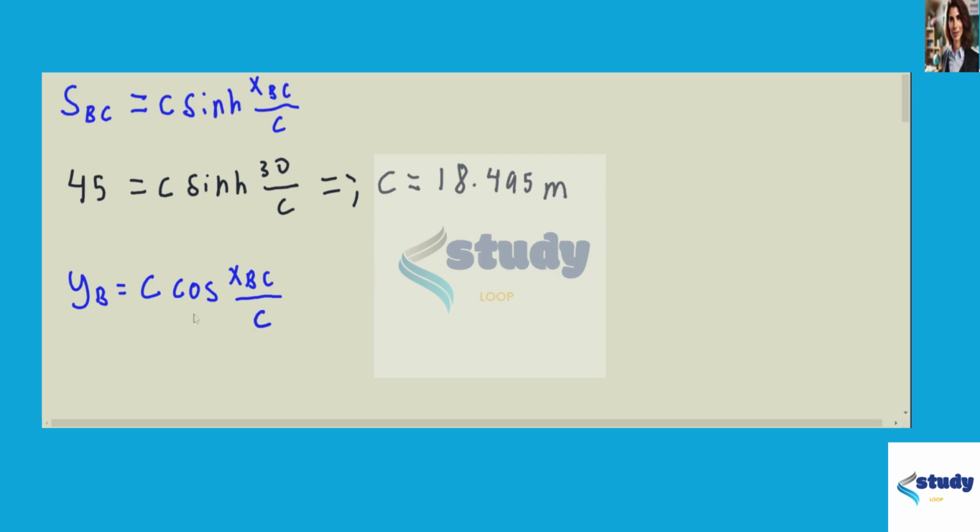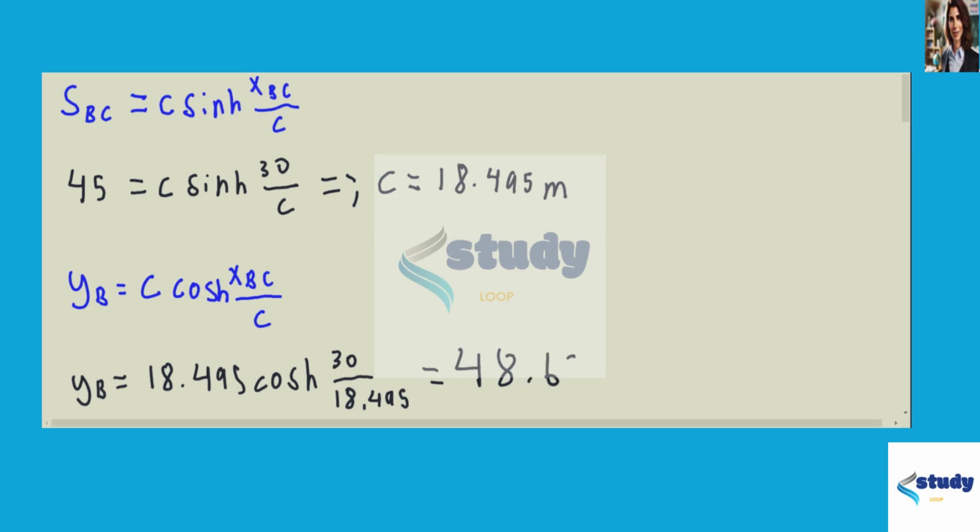So we can plug in C and find the value for y of B. So we plug in C, the hyperbolic cosine of x of BC divided by C. And then this will give us a length of 48.651 meters.